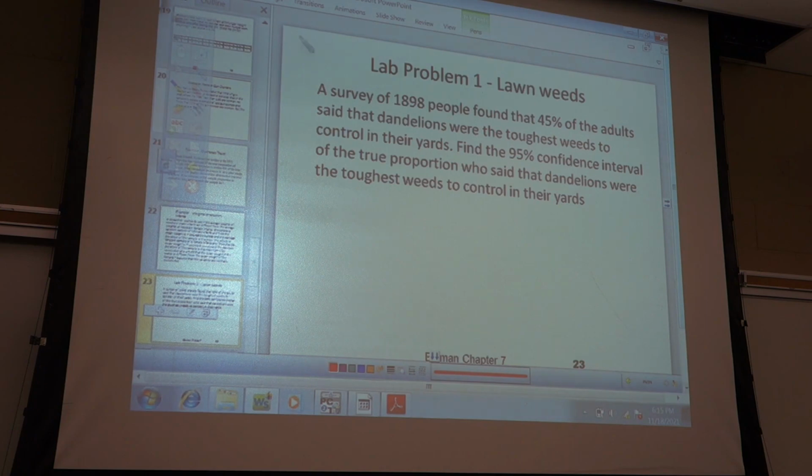All right, is this a mean or a proportion? Proportion. How do you know? Percentage. The percentage, okay. Is it a Z table or T table? Z table, so my degrees of freedom will be infinity. Is it a hypothesis test or a confidence interval? Confidence interval, how do you know? Because it says confidence interval. Okay, so how many samples?